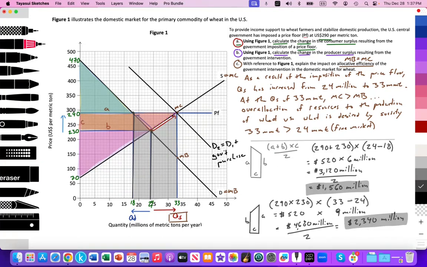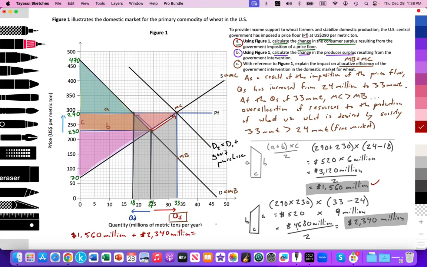So the sum of these two trapeziums will give me the surface area of this gray area that we see here. So let's go ahead and add that up, and then we'll be done. So I'll find some space over here. So we have 1,560 million, which is right here, plus 2,340 million.